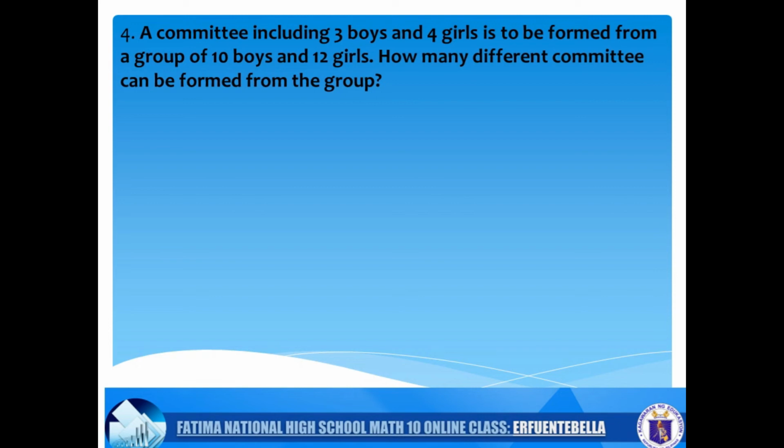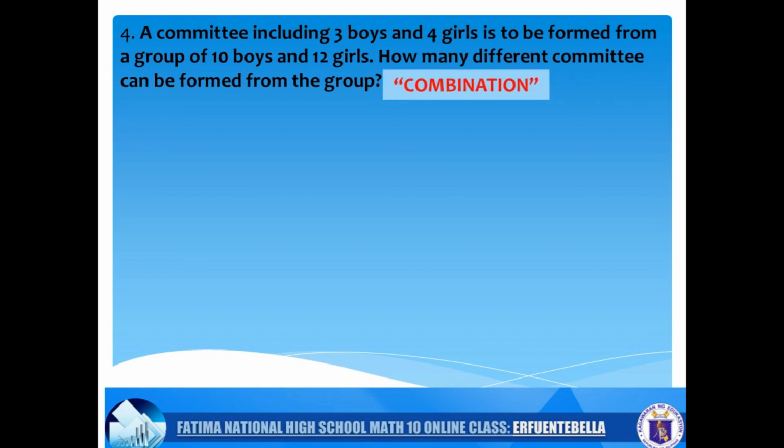So let's take another example. A committee including 3 boys and 4 girls is to be formed from a group of 10 boys and 12 girls. How many different committees can be formed from the group? So is this permutation or combination?